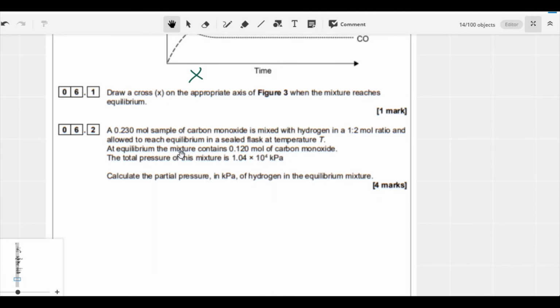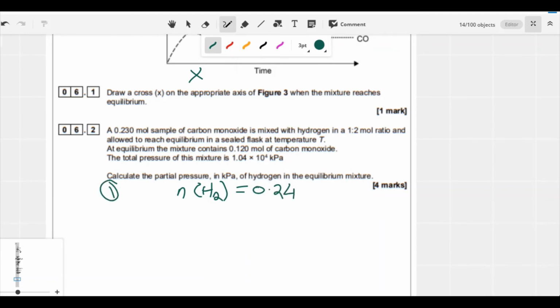Since the molar ratio is 1:2, the hydrogen moles should be double. So at equilibrium the number of moles of hydrogen is equal to 0.12 multiplied by 2, that equals 0.24. Okay, that is your first step.